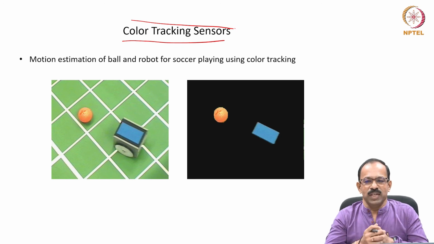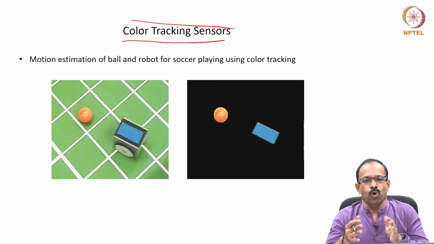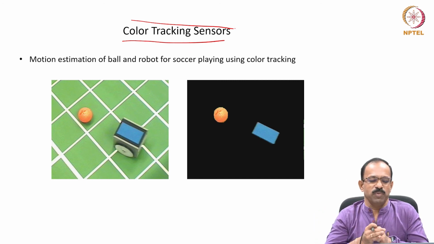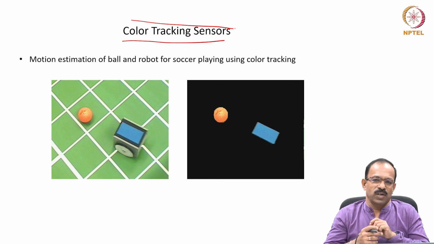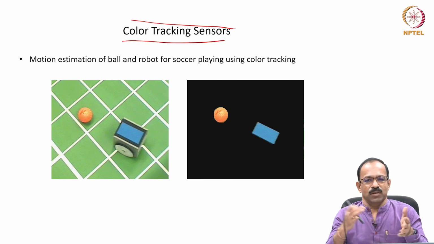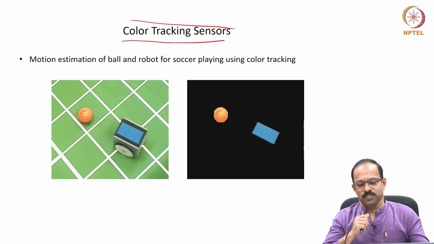Or it can be used in many other applications like robo soccer. They use different colored robots, and the camera identifies the ball, and then the robot can be programmed to follow the ball or to take some action based on its position. So, that is again using vision based sensors that we will be able to do that.